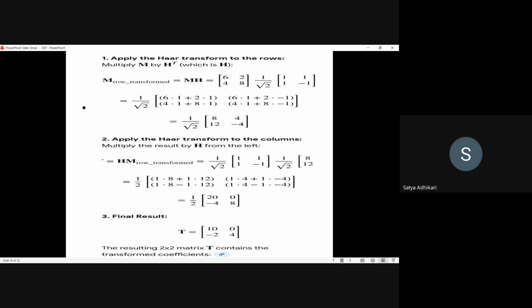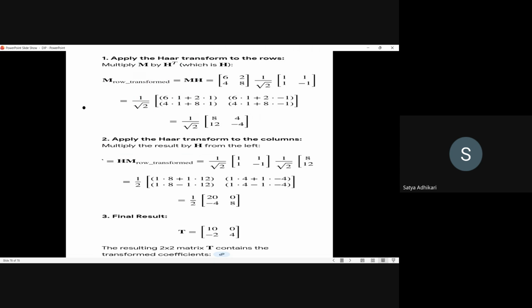Then apply the Haar transform to the columns. Multiply the result by H from the left. That is H into M row transform. That is, we have to find HMH.